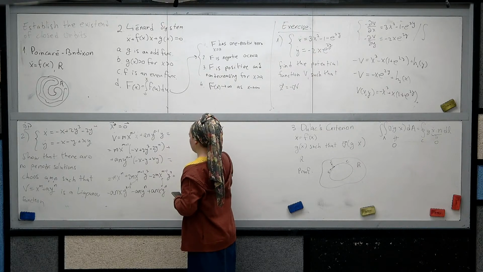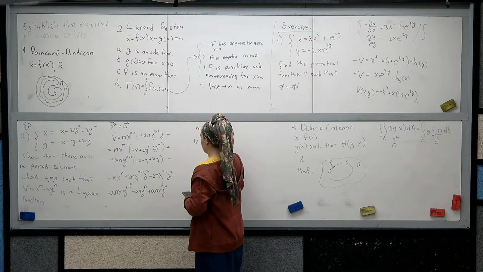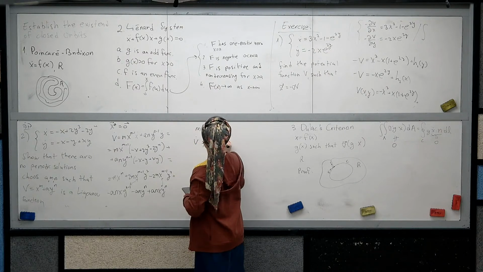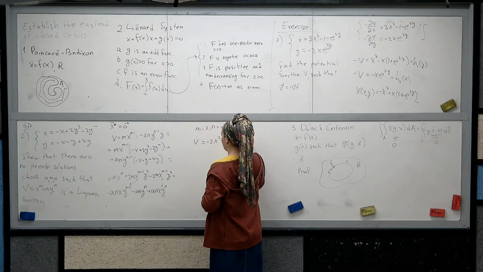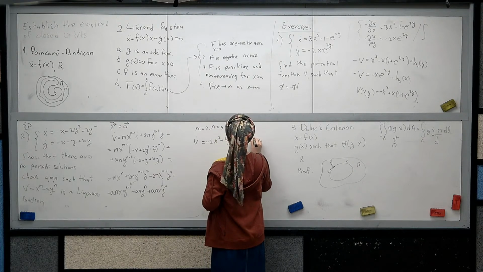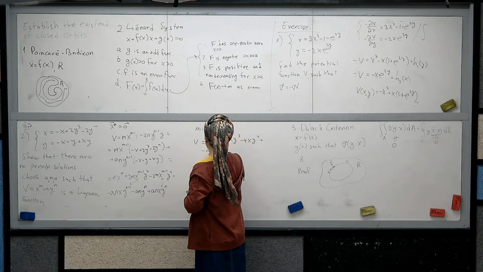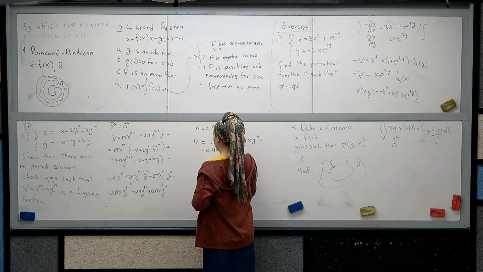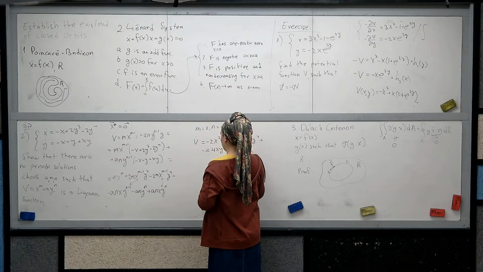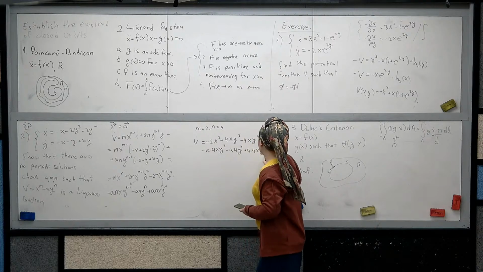So V dot is minus 2x squared plus 4x y cubed minus 4x y fourth, minus a 4x y cubed minus a 4y fourth plus a 4x y to the fourth.